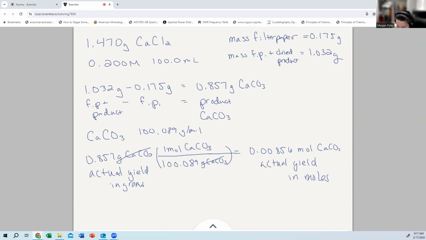Okay, so now that we have those two numbers, we are going to move on to what we should have gotten based on the numbers we started out with. Again, we need to think about our balanced equation.